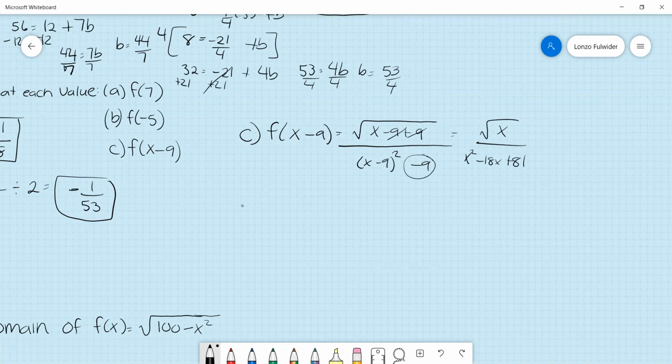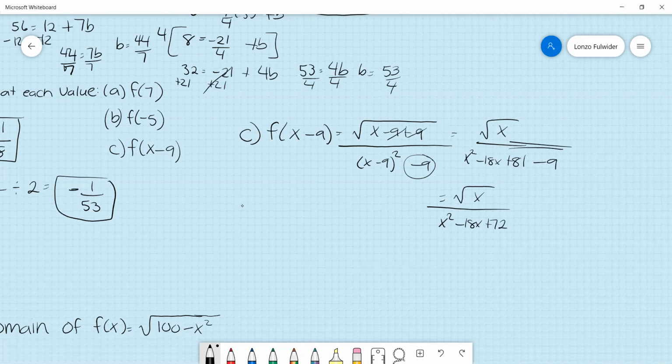And then you have a minus 81, so bring that down. So if you simplify this, it's going to be radical x over x squared minus 18x plus 81 minus 81. This becomes x squared minus 18x, right?